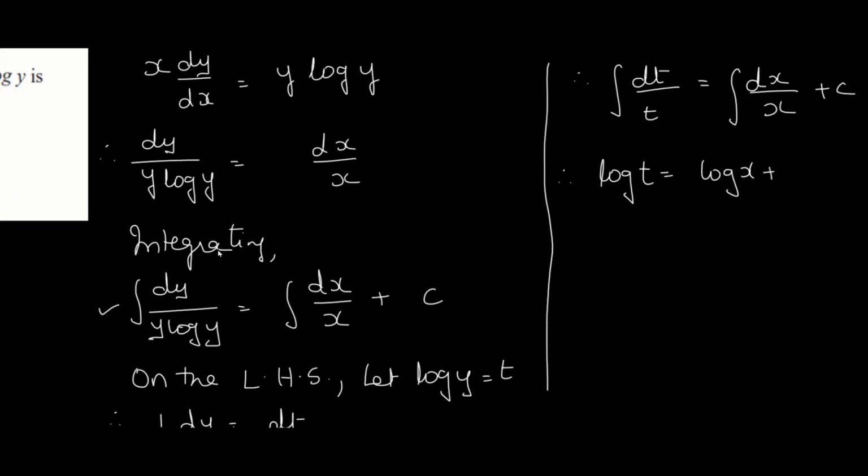Now c can be written as log a in order to get the answer which is given in those options there. Okay, c is log a, which is another constant. Now t is nothing but log y, so log t becomes log of log y, because t was log y. The RHS is the same for now.